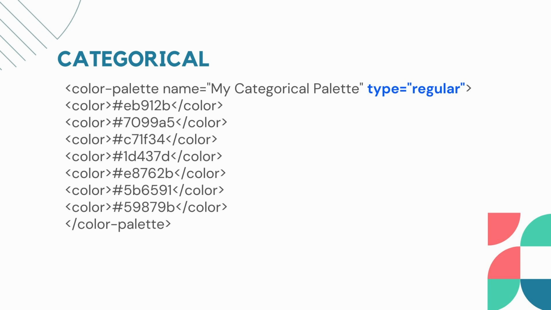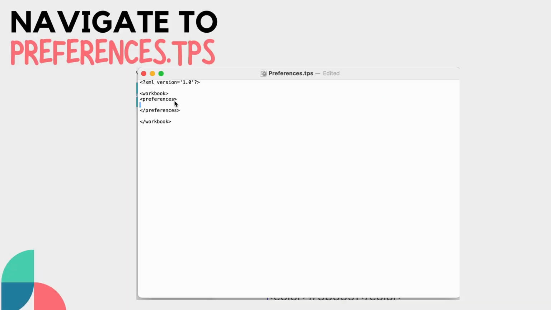You can then go ahead and put the colors or the hex code of the colors in the color tag, as you can see here on my screen. Once this is ready, you can just go ahead and paste this between the preferences tags in your preferences.tps file. After you add this, you can go ahead and save the file.